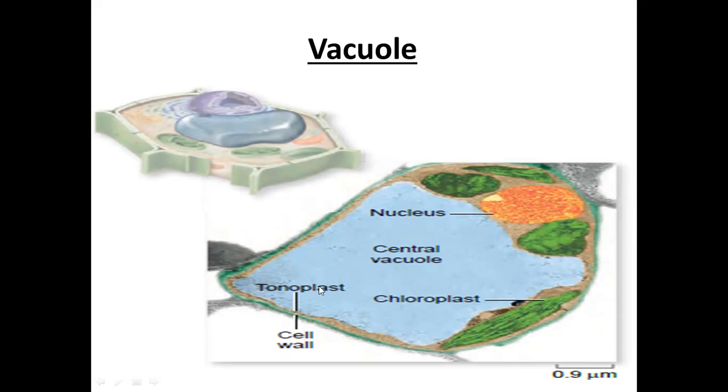The tonoplast contains channels for water, which are used to maintain the tonicity or osmotic balance of the cell. So turgor pressure is maintained by the vacuole.